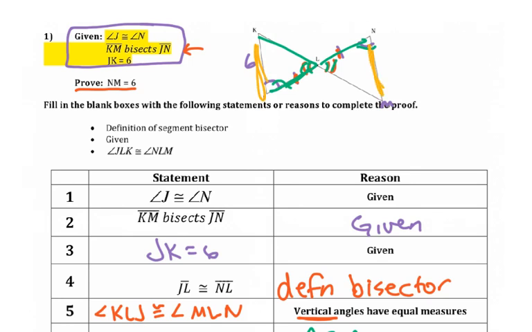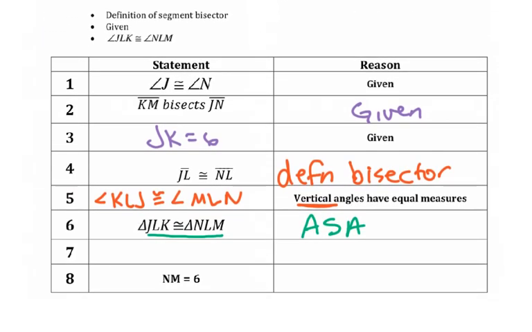If JK is equal to 6, then the part that matches it is going to have to be 6 because they're congruent parts of congruent triangles. So we're going to say JK is congruent to NM, and it's because of something called CPCTC.